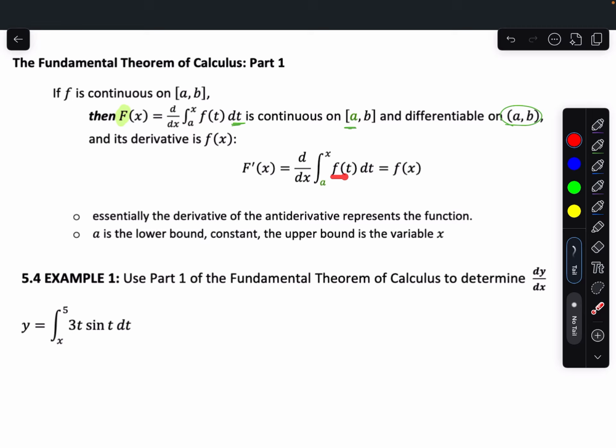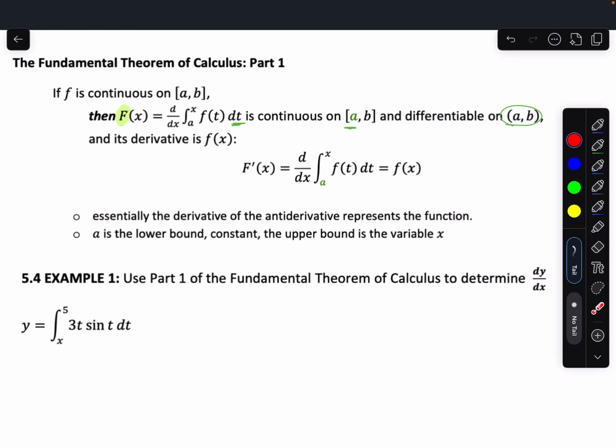So notice in here, this was f of t integrated with respect to t. And what variable plugged in for x? That x variable upper bound. So variables can change within these problems as well, but generally it's set up with f and t. And really what we're emphasizing here is that the derivative of the antiderivative is the original function.